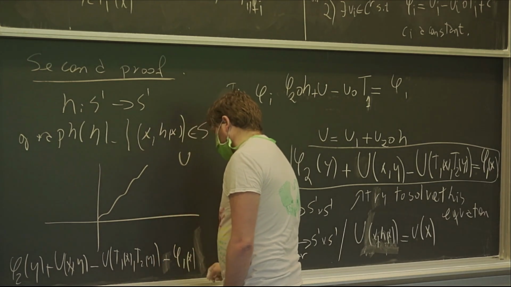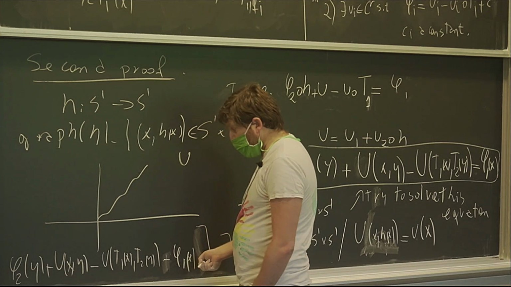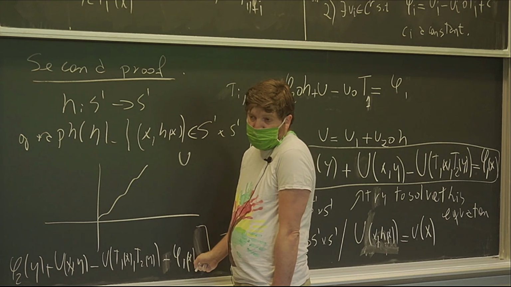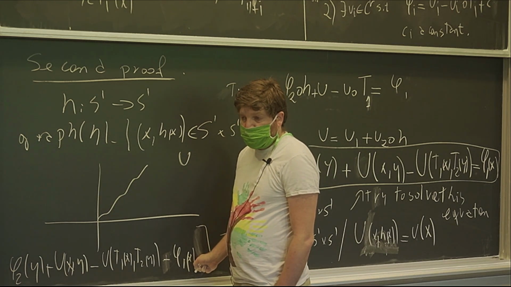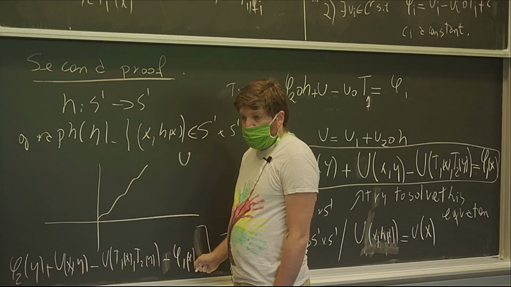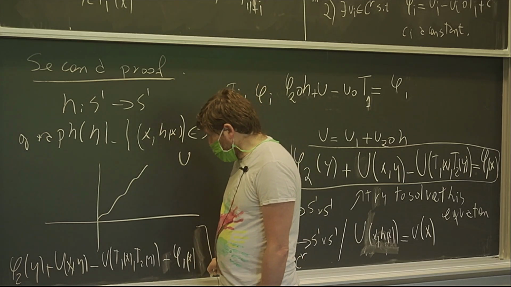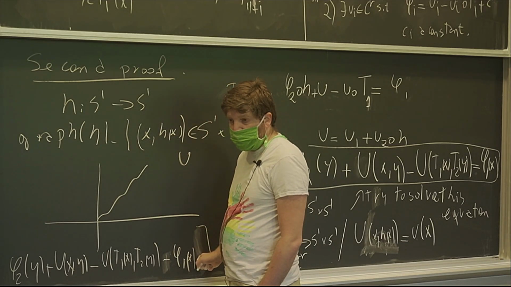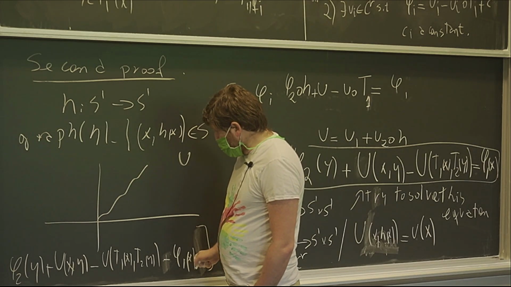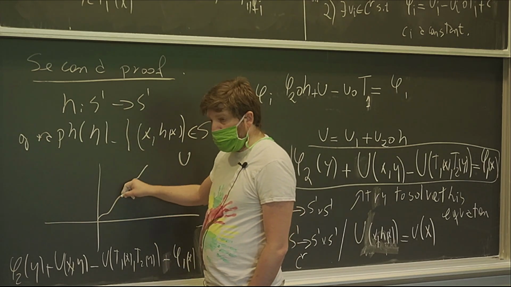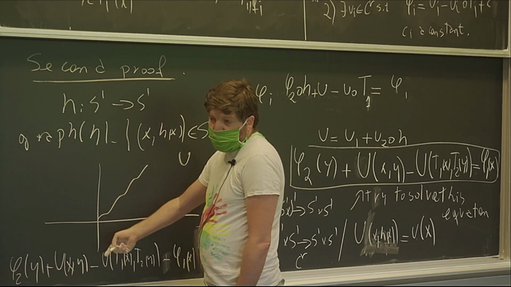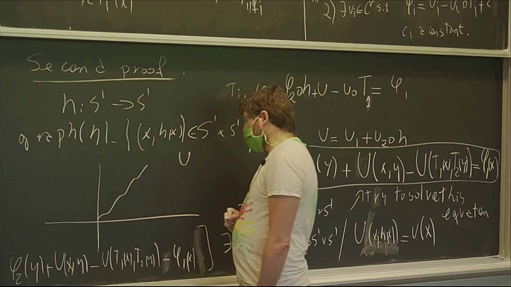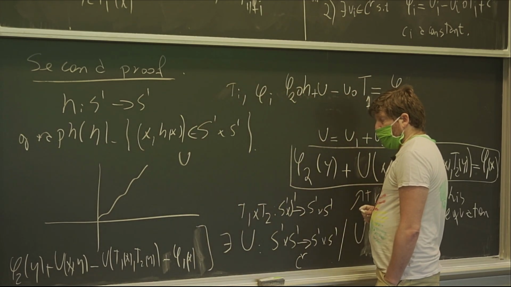So I get this function of two variables. And I know this function of two variables vanishes on the graph, and it's C^r. Now I can apply again the implicit function theorem. Which means that if some partial derivative of this is not zero, so the gradient is not zero, then the level set is a smooth curve, but I know that this vanishes on the graph, which means that the graph is a C^r curve.